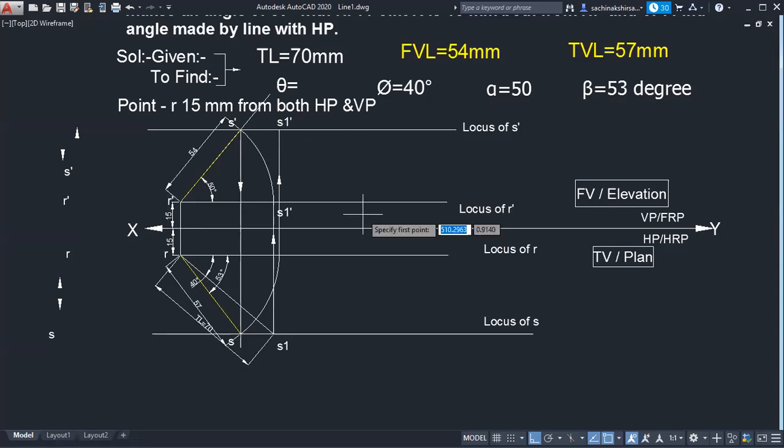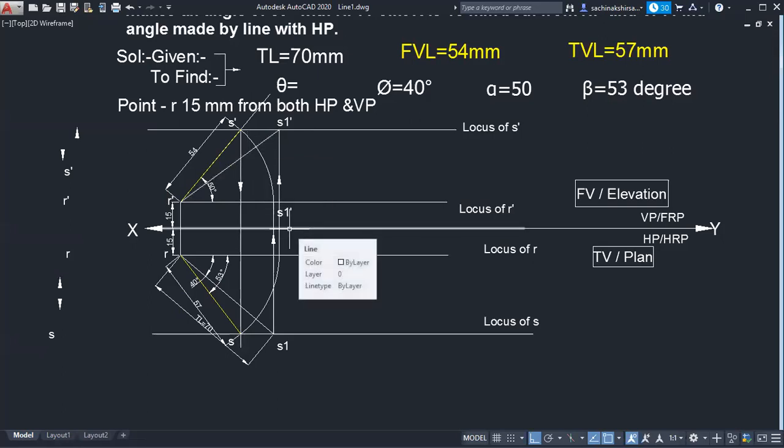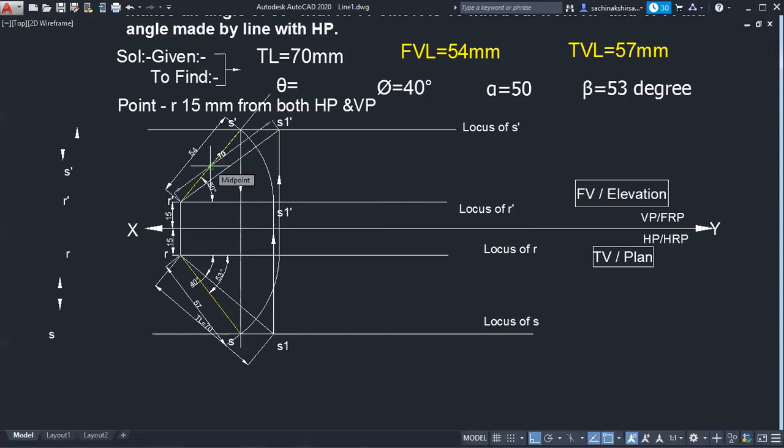How much distance should come? 70 mm. It should come 70 only. So from this to this, it should come 70. Are you observing? It is coming 70 only.